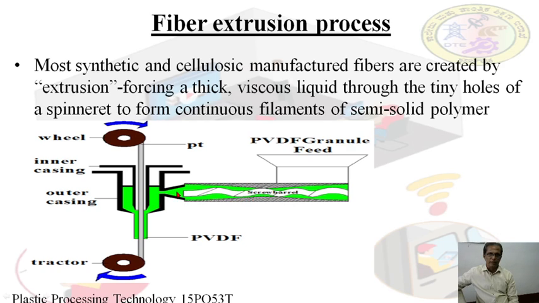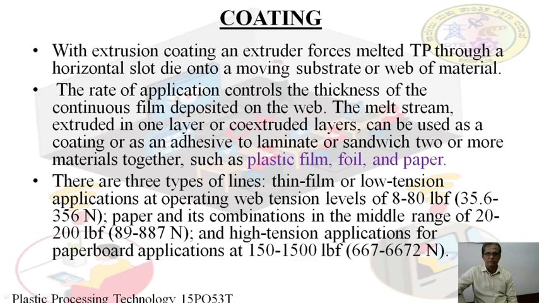This is the molten plastic material, in green color, which is coated onto the wire or in the form of a tube. It is sent onto which this is coated. So this way the coating is done. Most synthetic and cellulose manufactured fibers are created by this extrusion technique.